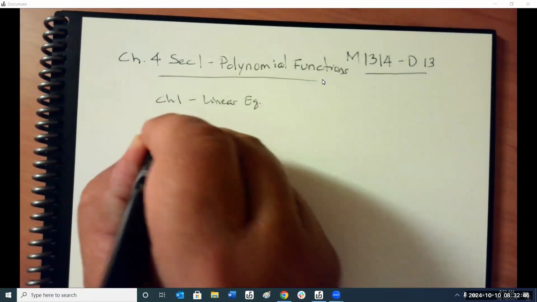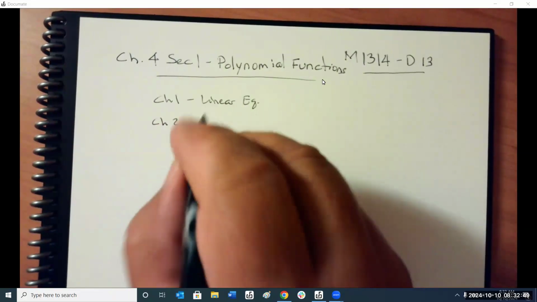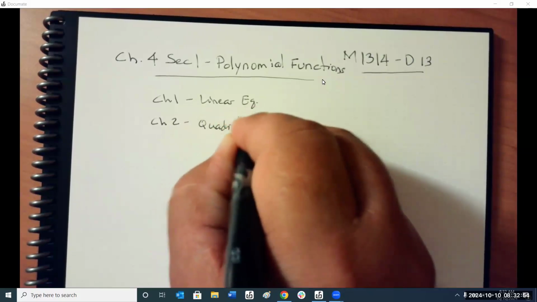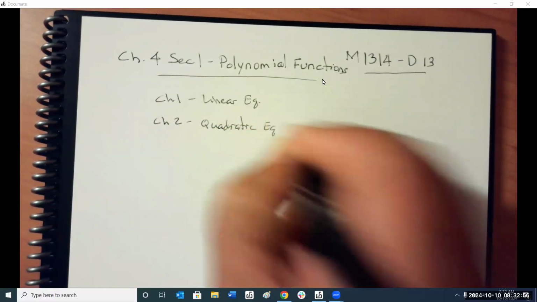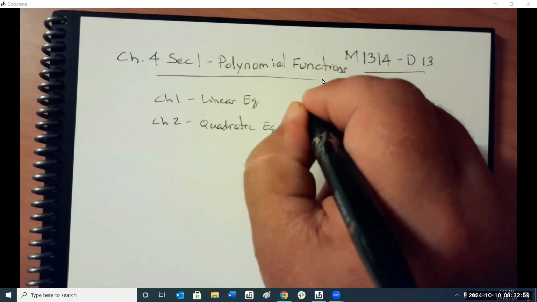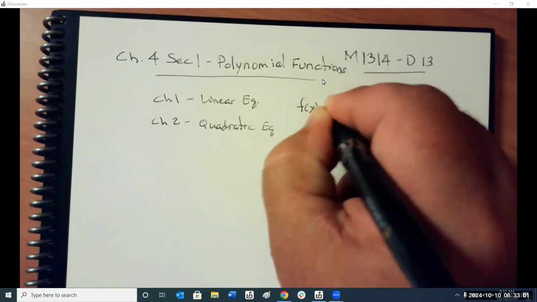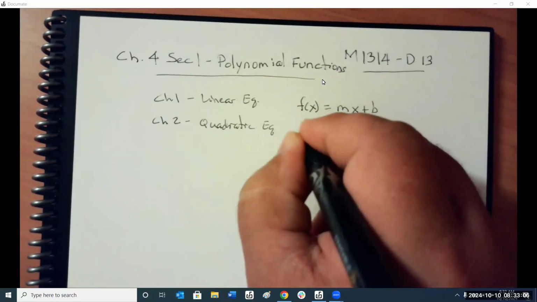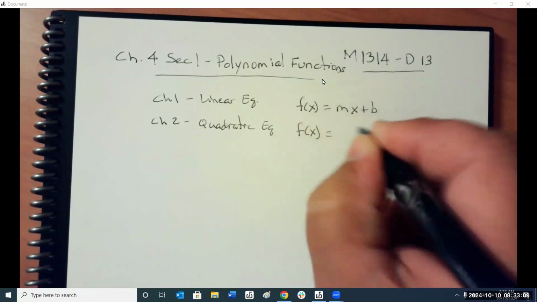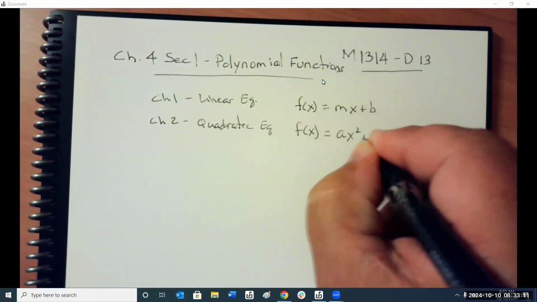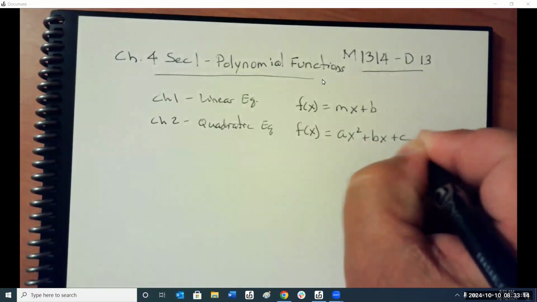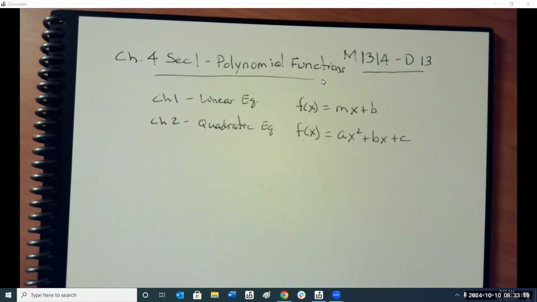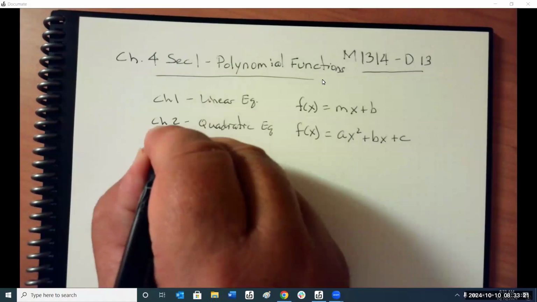Then in chapter 2 and chapter 3, we started talking about quadratic equations.